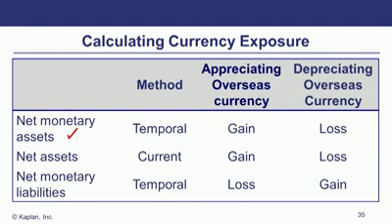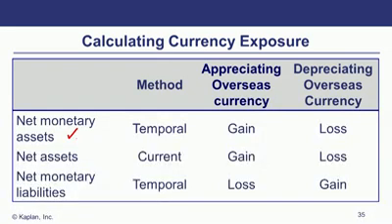So when you convert these monetary net assets, they get bigger in the reporting currency. Bigger assets, that's a good thing, we get a gain. Now, of course, if you have a monetary net asset position and you get a depreciating overseas currency, that's a bad thing because your monetary net assets are going to appear smaller when you convert them into the presentational currency. So you get a loss.